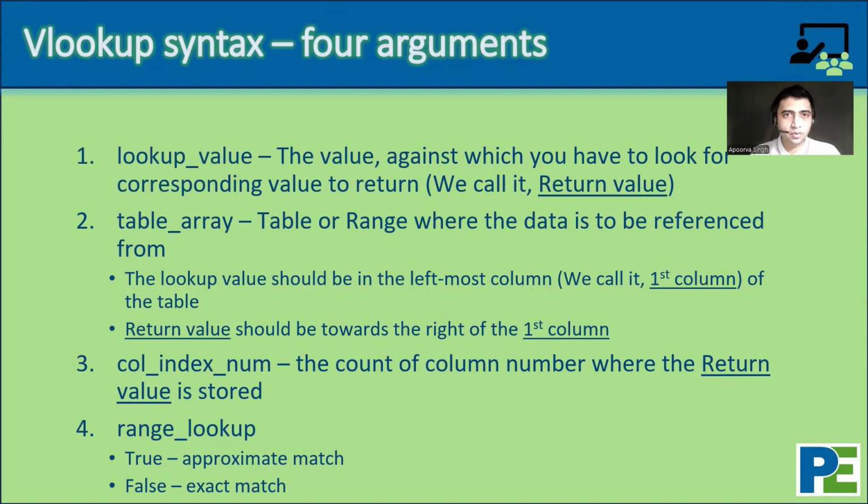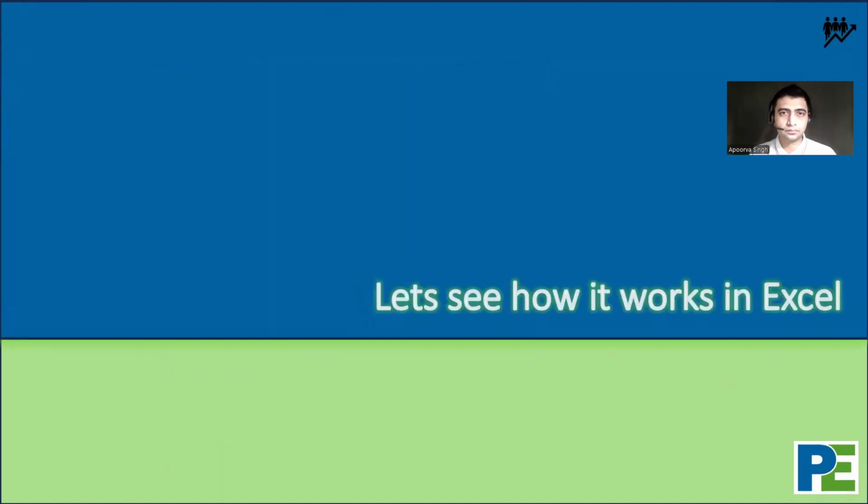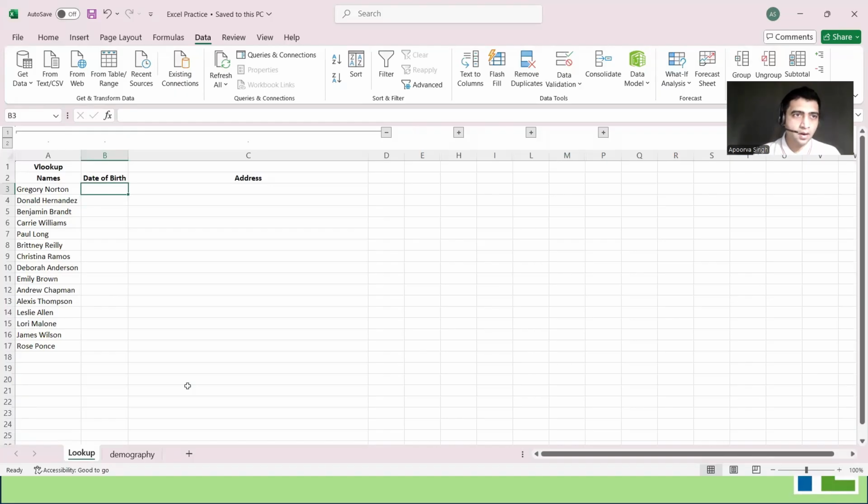Now let's jump into Excel and see how it works. I'm in my Excel right now and I have to look up some details of some people which are listed on this table. I'll give you a background of what these details are and where these are located.